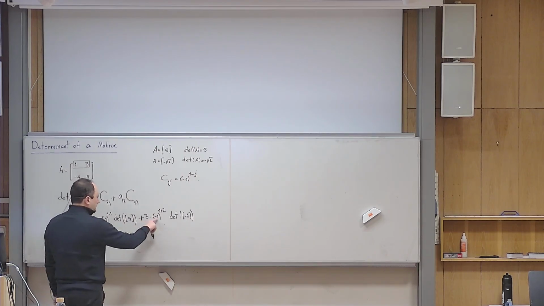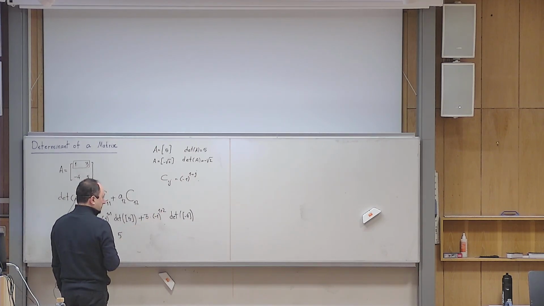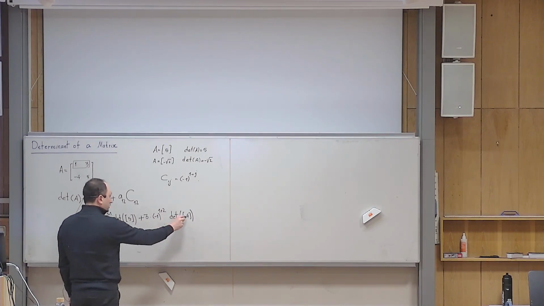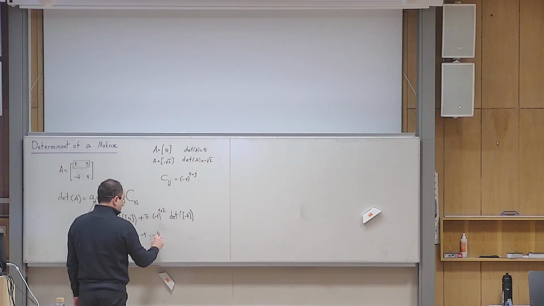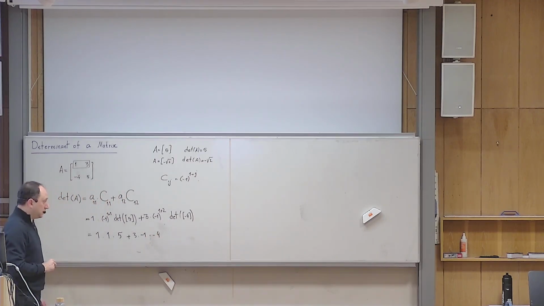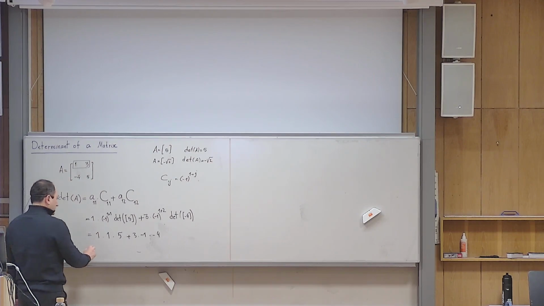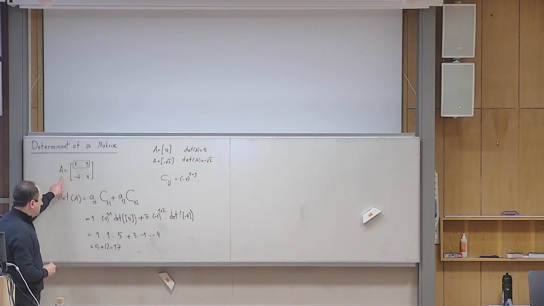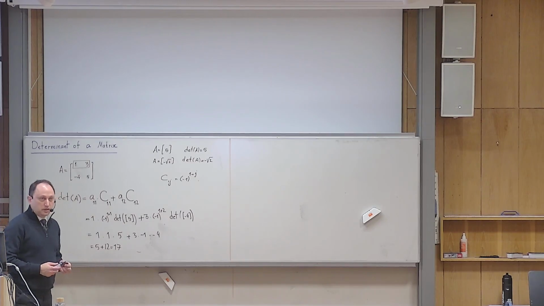And the next one, minus 1 to the power of 3 is negative 1, so I multiply it here. And the determinant of minus 4 is also minus 4. And if you write the answer, it's 5 plus 12, which is 17. So the determinant of this matrix is this number 17. Yes?